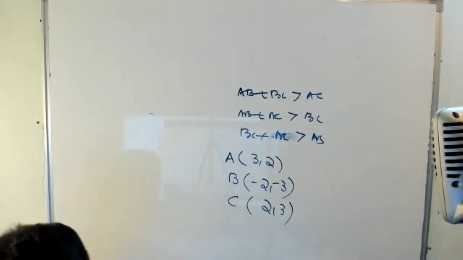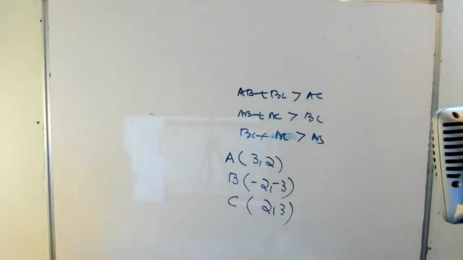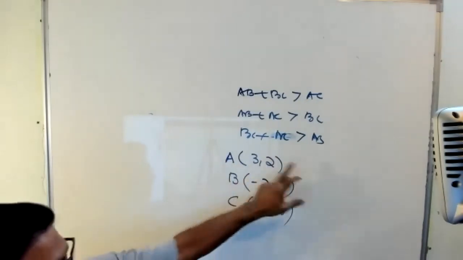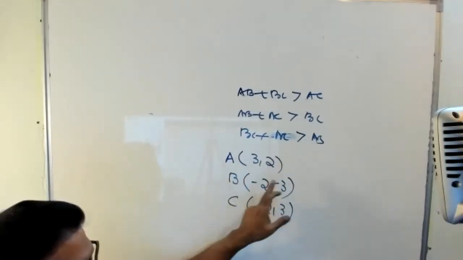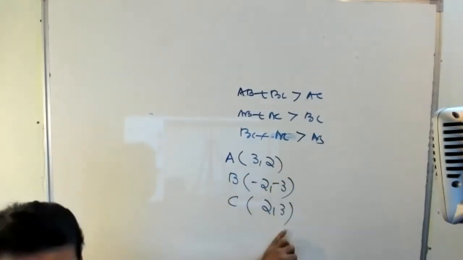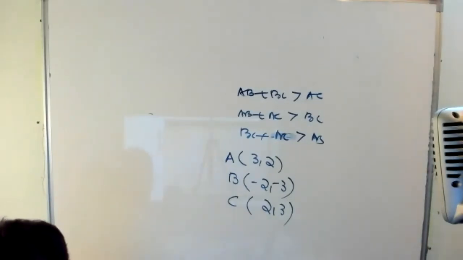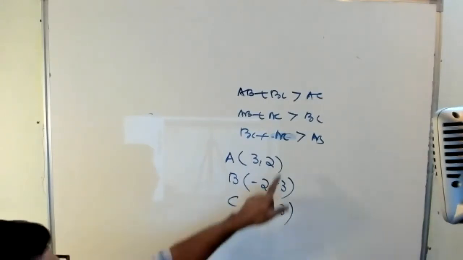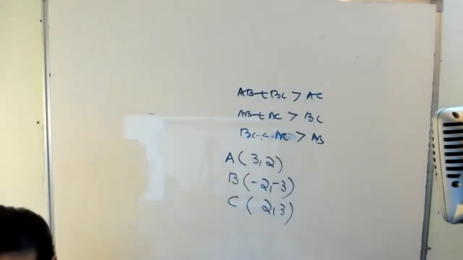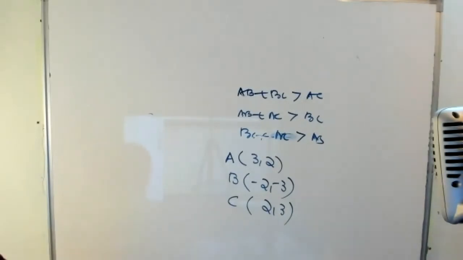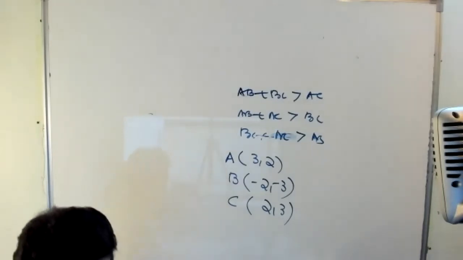Question: do the points A (3, 2), B (-2, -3), C (2, 3) form a triangle? That means the question is whether these points can form a triangle or not. If so, which type of triangle? Okay, try now.